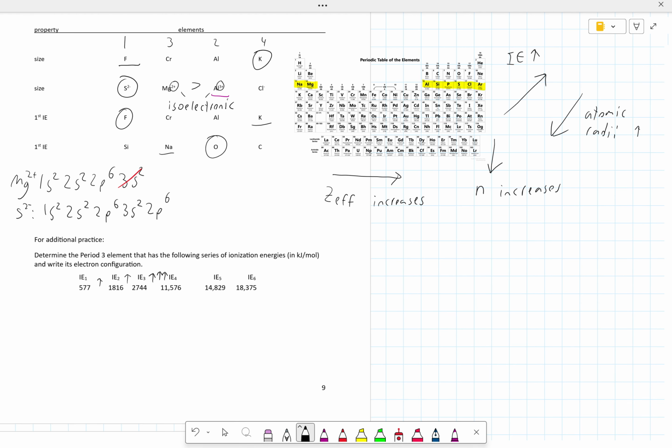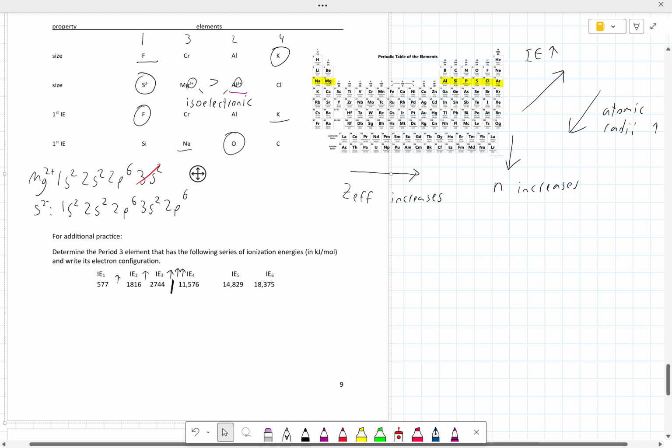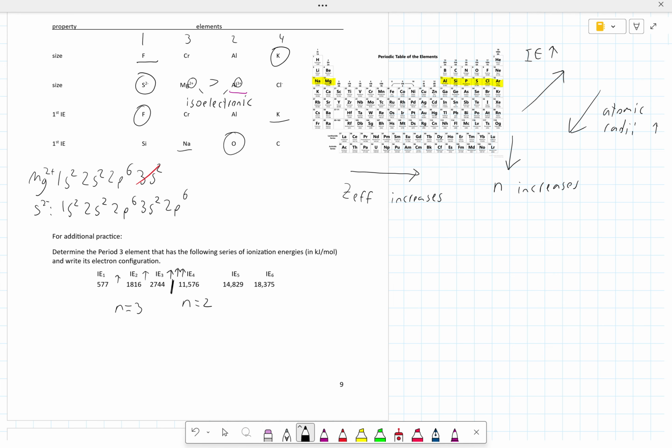That's a big jump here. And so that tells me that between the third ionization energy and the fourth ionization energy, I'm going from n equals 3 down to n equals 2. And so now the question is, what element in the third period could lose n equals 3 electrons, and then the next one would be n equals 2?